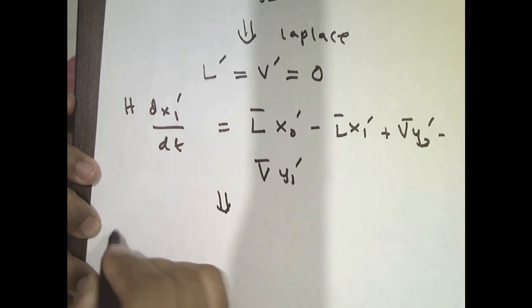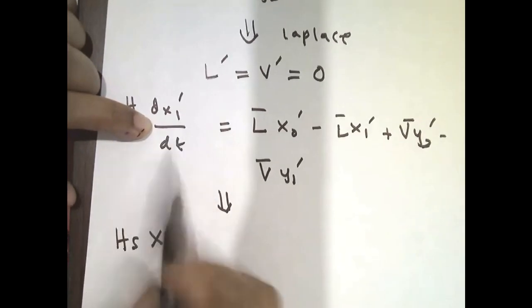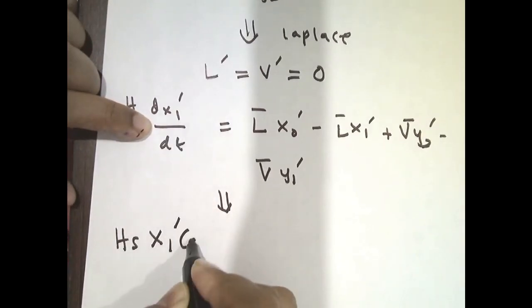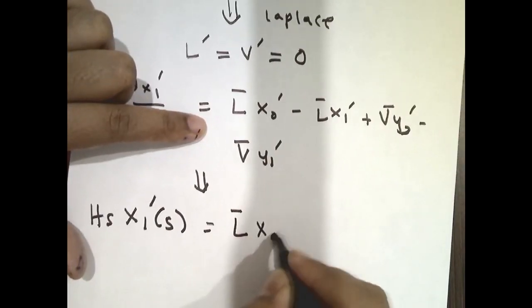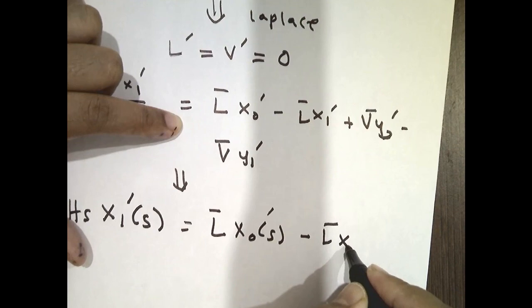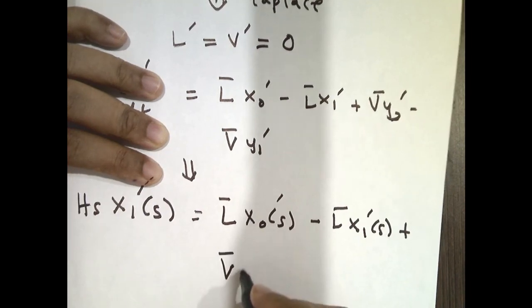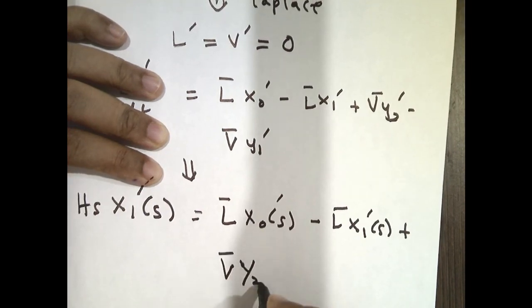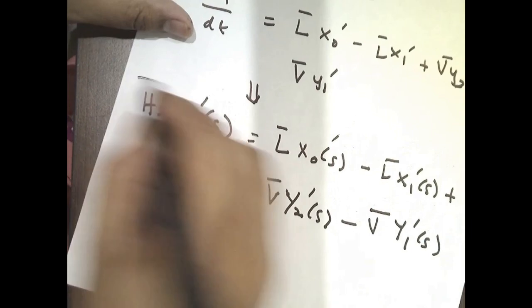So what we have here is h s x1 prime, please don't forget the prime, equals to L bar x naught s prime minus L bar x1 prime s plus v bar y2 prime s minus v bar y1 prime s. Okay, so this is the final answer.